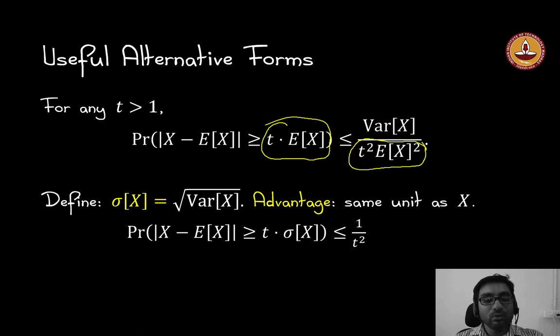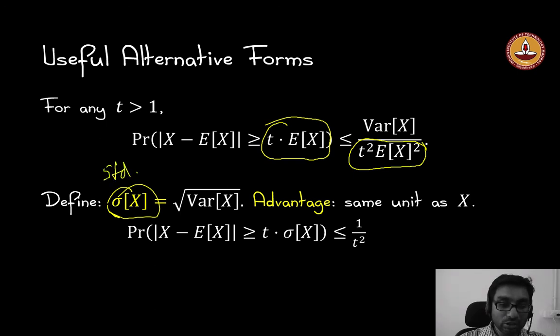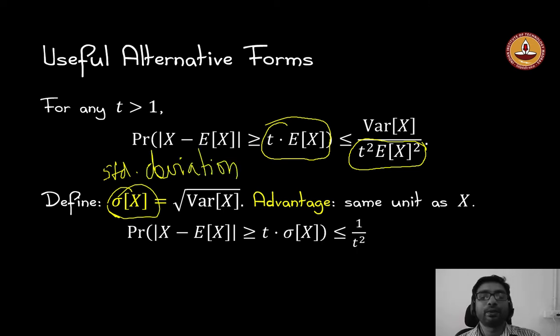Now another form. Let's define a term called the standard deviation, often denoted sigma of X. That's nothing but the square root of the variance of the random variable.